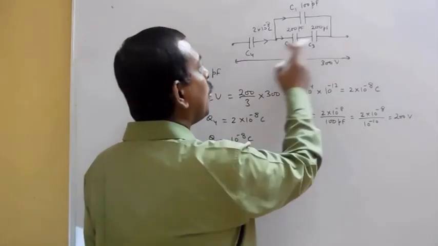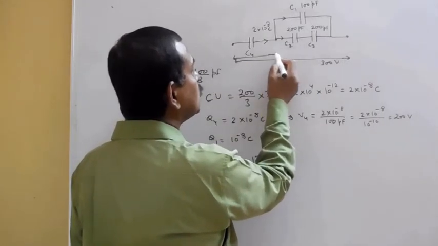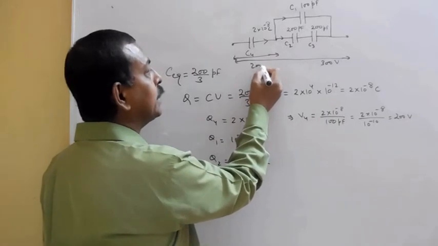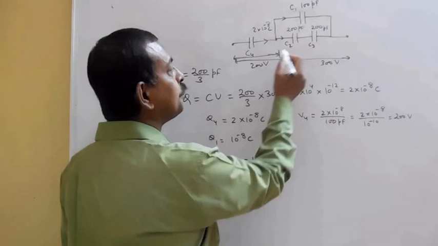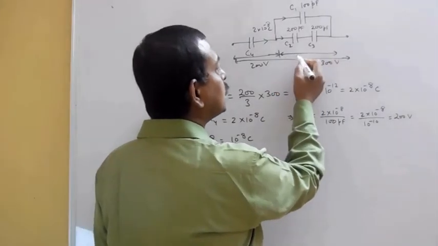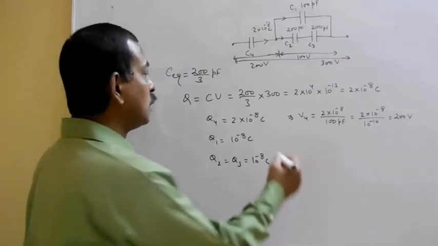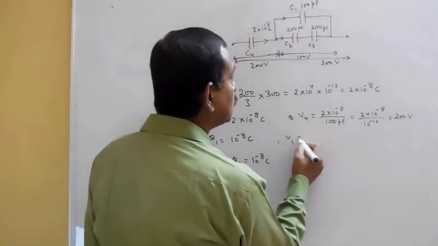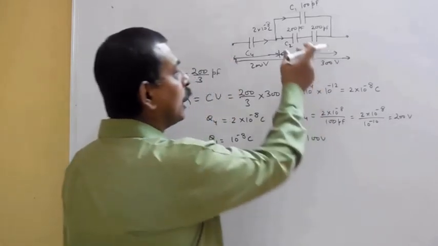Now, for the potential difference, we have already got the potential difference across C4 as 200 volt. The total is 300 here. So obviously across this, 100 volt is left. So the voltage across C1 will be equal to 100 volt.